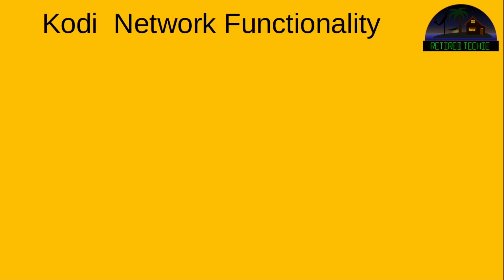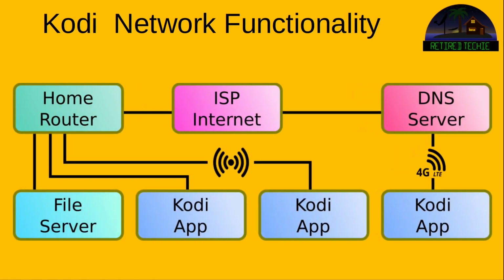Kodi network functionality. Now Kodi, again, is a standalone application or client application, depending on how you're using it. The Kodi app goes on a device on your network. If you want to have the media stored in other places and accessed by your Kodi app, you can hook it up by a wide variety of protocols. You can have a file server that stores your media. You can have multiple Kodi apps.